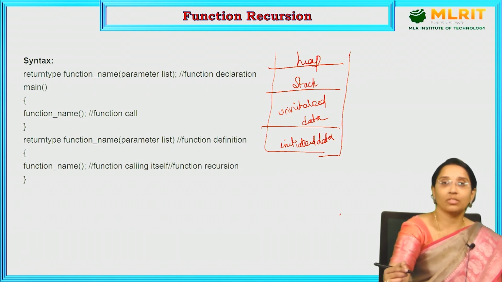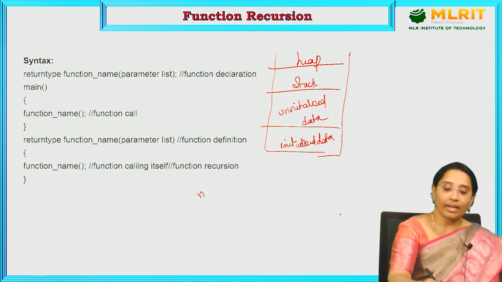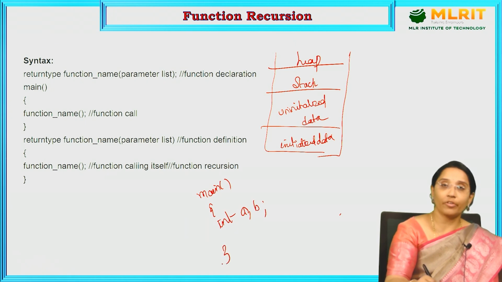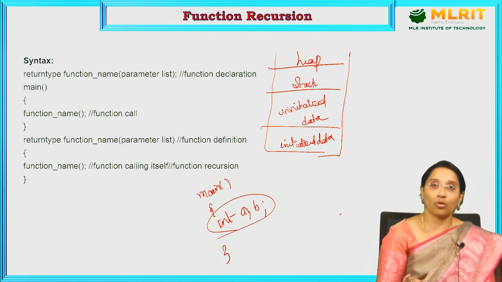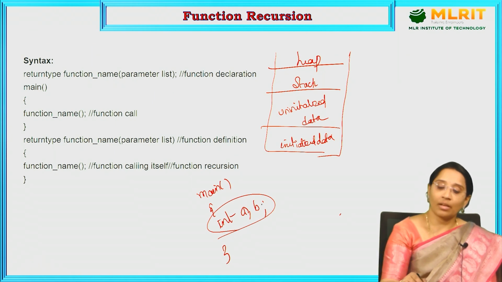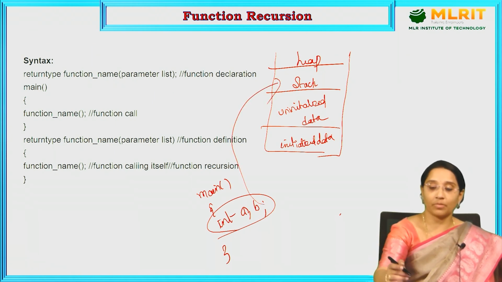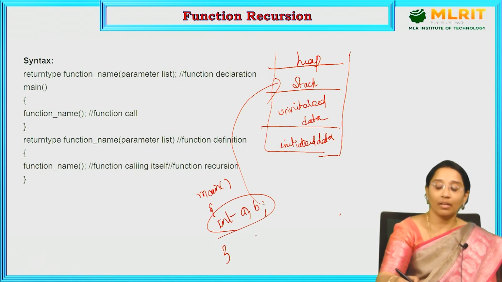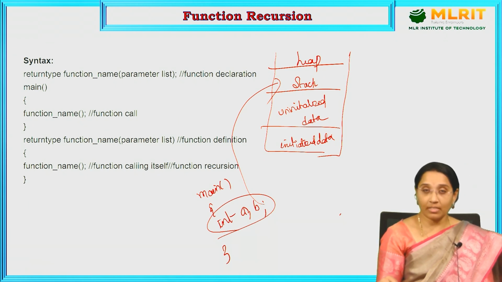Suppose this is your memory fragment, and whenever we write something inside the main function like int a comma b, or whatever declarations we have made, these variables are local to the block. Those variables will take the memory from the stack part of the program. So from the stack the memory will be allocated. Stack is one type of memory fragment.